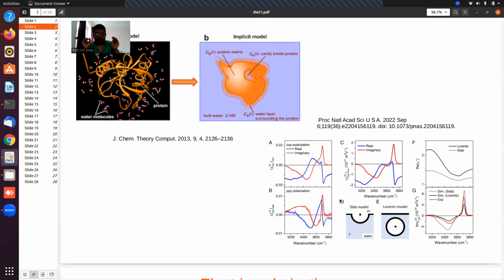Why do we need the local electric field? Because if we know the accurate local electric field, then only can we calculate the response from it.